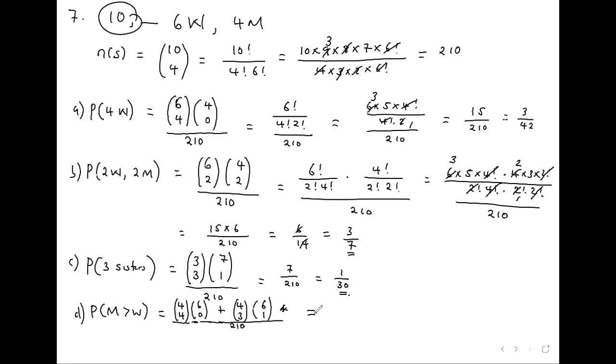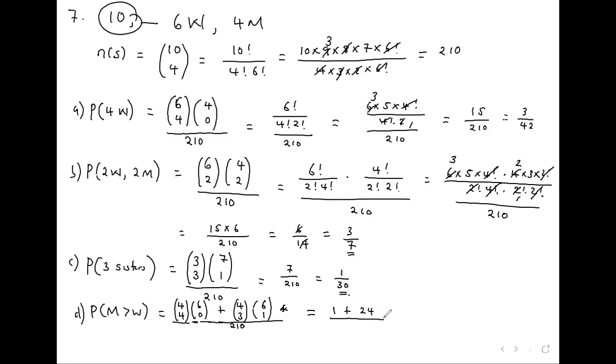So now you add because of the 'or'. You get 4 choose 4, that is just 1. Then 6 choose 0, that's 1. So there we get 1 plus 4 choose 3, that's 4, 6 choose 1, that's 6. So we get 24.